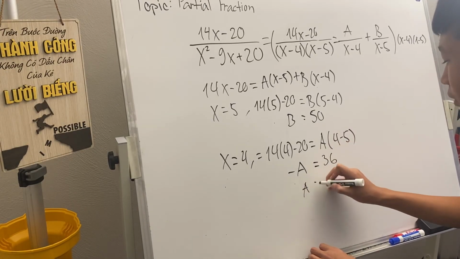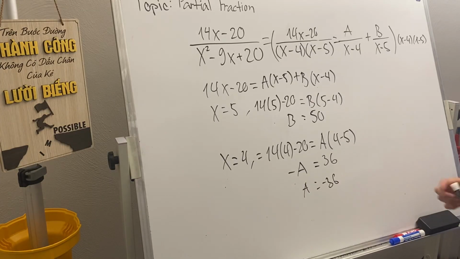So yeah, A is equal to negative 36. And it's a whole number, so it looks pretty good.